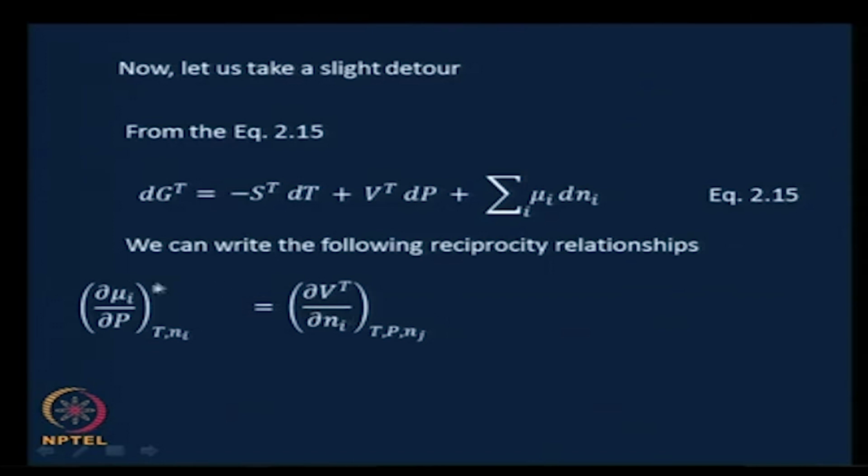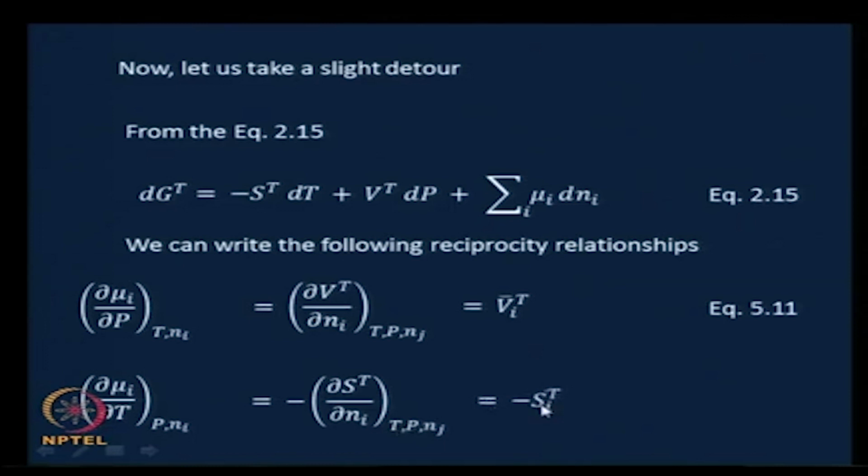Then we got that dou mu i by dou p at constant T and ni was dou Vt by dou ni at constant T, P, all other nj's, and by definition this was nothing but the partial molar volume, and similarly we got the temperature functionality as partial molar entropy. Therefore, these were the terms in the previous equation, if you recall.